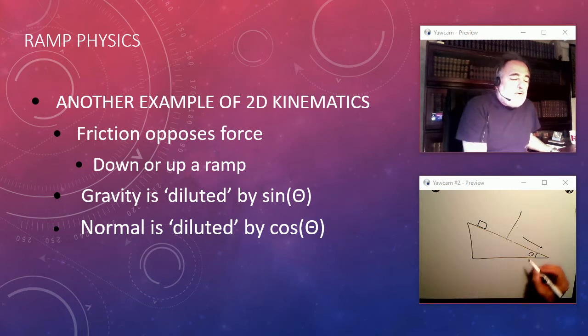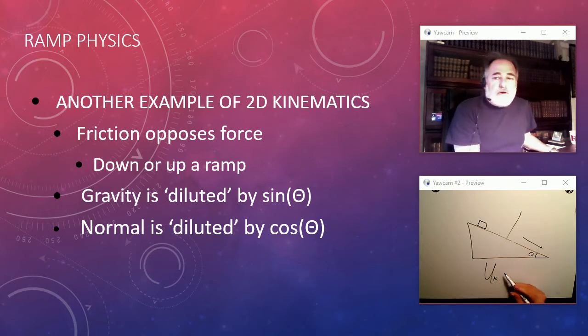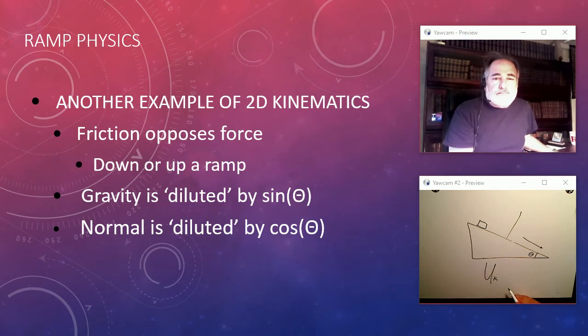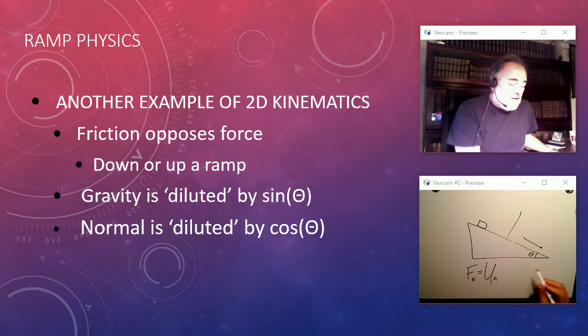If we are opposed by friction, it really depends on the coefficient of kinetic friction between the two surfaces, the surface of the block touching the ramp. And the frictional force that's going to oppose it, in this case we're talking about a moving block, is that coefficient of friction times the normal.